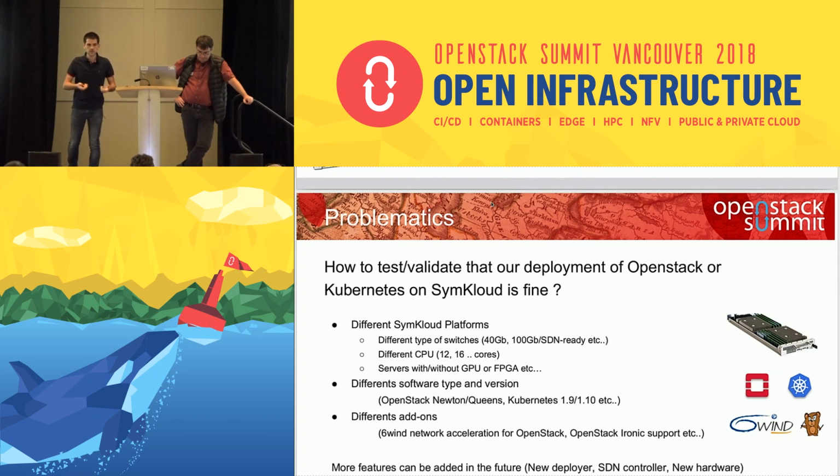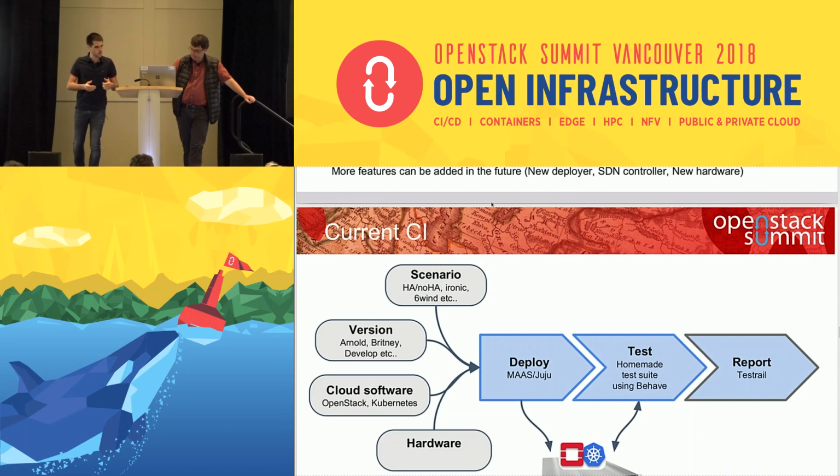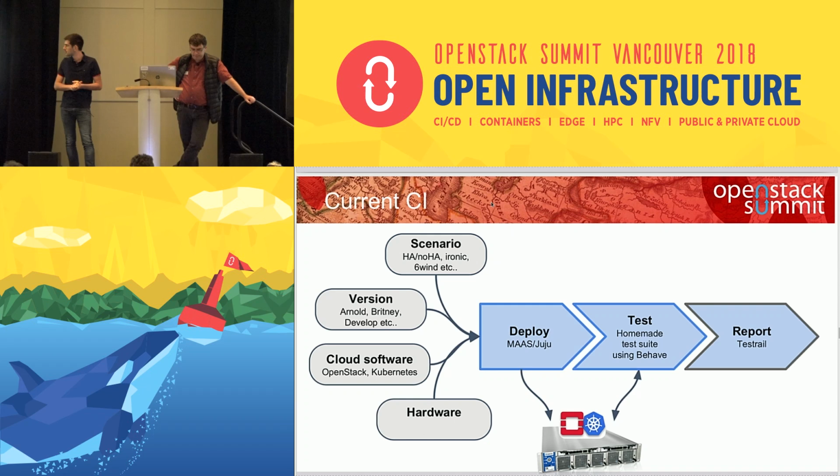We have different kinds of hardware, different types of switches, different types of CPU with different cores, and servers with GPU or FPGA. We also have different software types, OpenStack or Kubernetes with different versions and different add-ons, SFC, Ironic, and we must also think about the future by integrating a new OpenStack deployer, a new SDN controller, for example, or new hardware. So the problem is really close to the OPNFV problem.